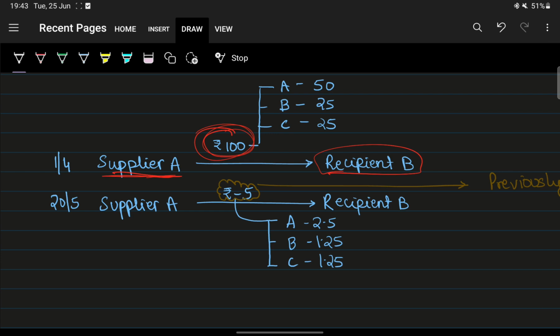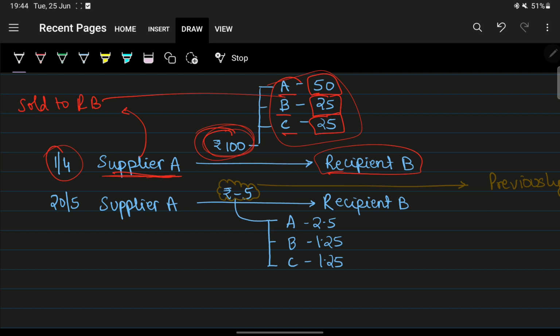We're not concerned with that. Here in invoice A he has generated for 50 rupees. Invoice B he has generated for 25 rupees. Invoice C he has generated for another 25 rupees. So when he's making that outward supply, for this April month, he will generate the GSTR1 and file that he has sold to recipient B for these values.